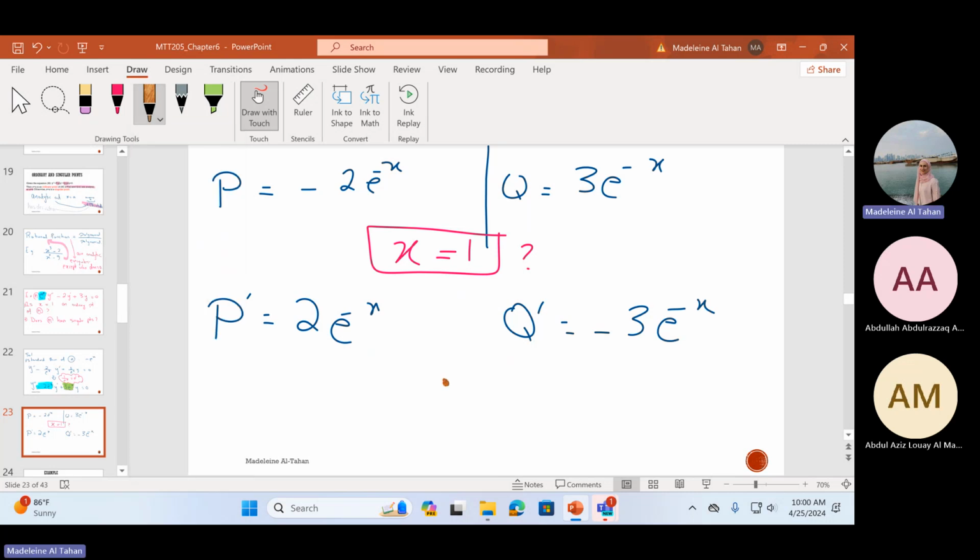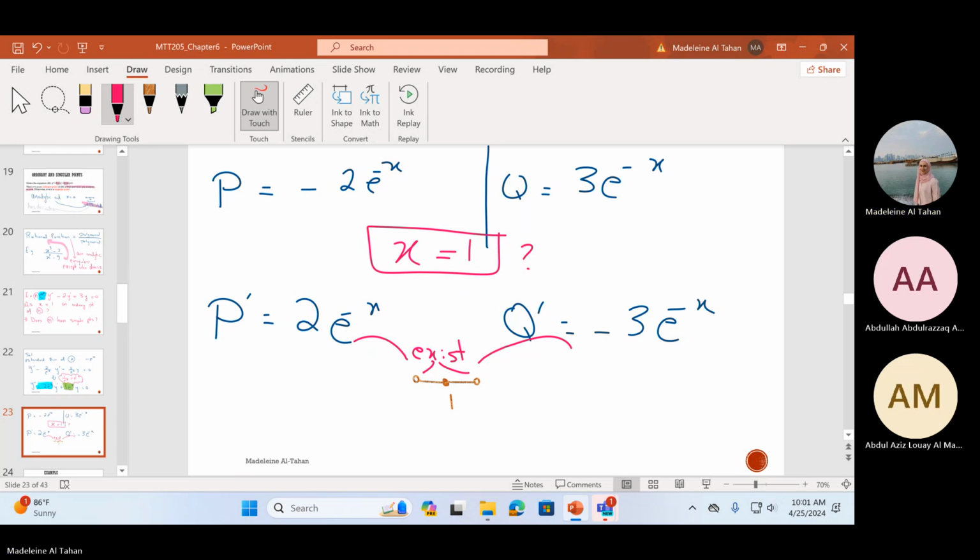So this is x equal to 1. Can we say that they exist at 1 and around 1 as well? Yes. So they don't have problems at 1, but also they don't have problems around 1.